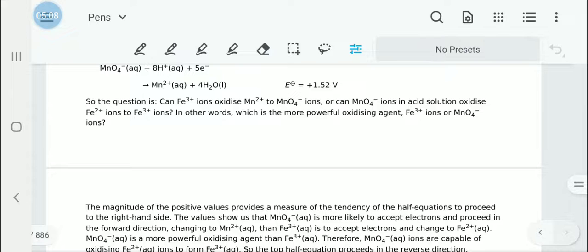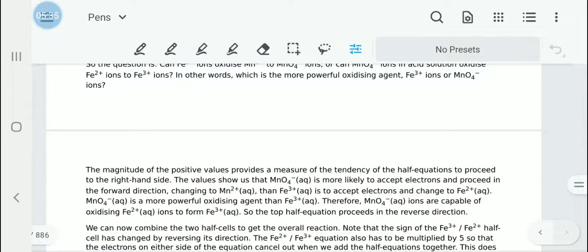Now when there is a positive value to the standard electrode potentials, we know that there is a tendency to proceed to the right hand side, that is for the forward reaction to take place. Because MnO4- has a higher E standard value, it is more likely to accept electrons and proceed with the forward reaction, changing to Mn2+, more than Fe3+ accepting electrons to change into Fe2+.